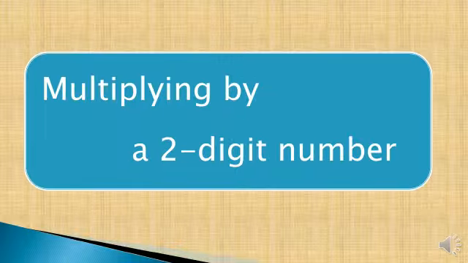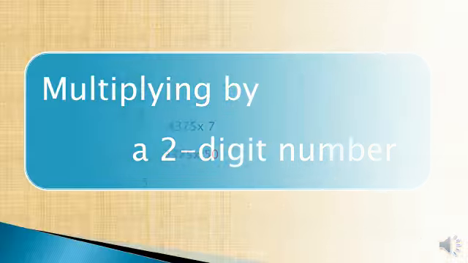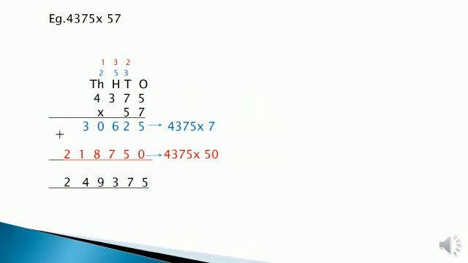Now you are going to learn how to multiply by two-digit number. Here the question is 4375 into 57. You have already learned how to multiply 4375 by 7. Now it is a two-digit number, 57.